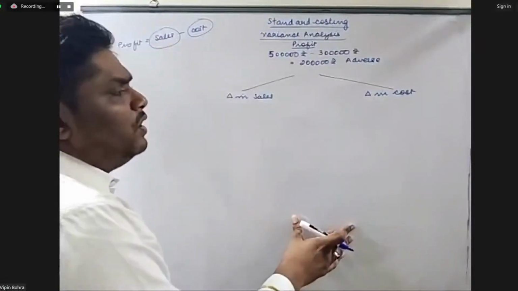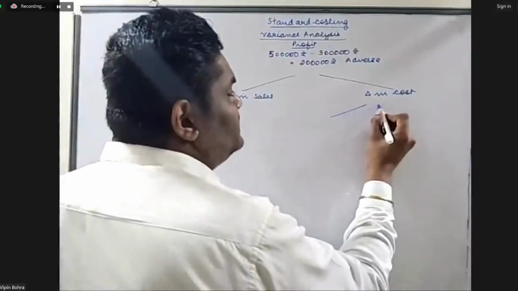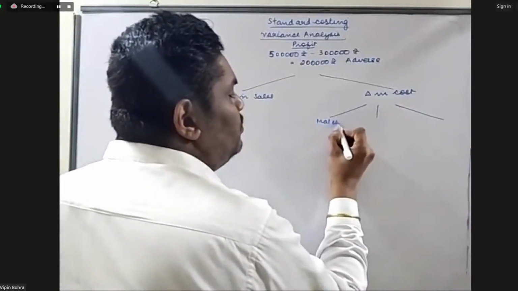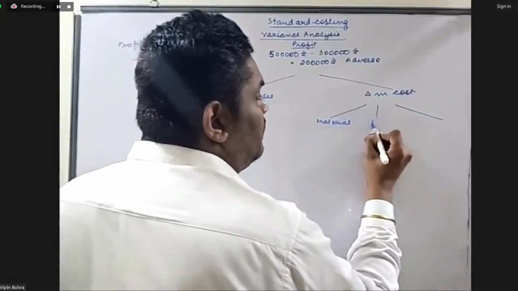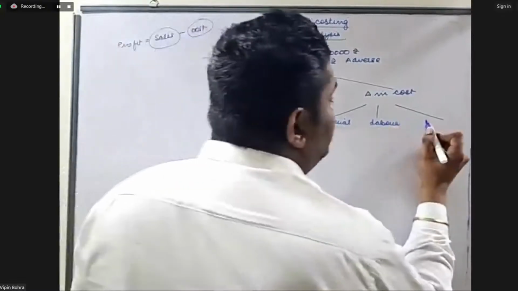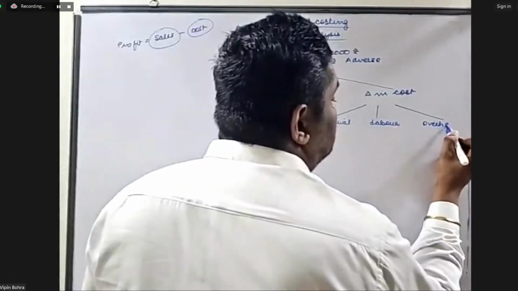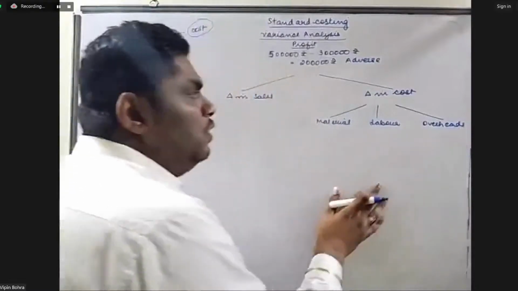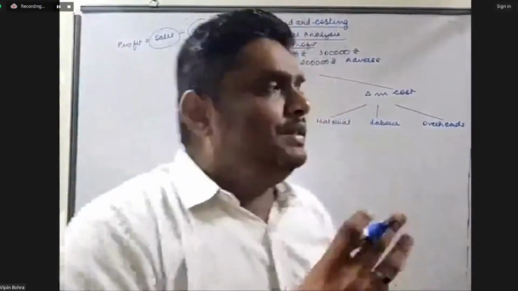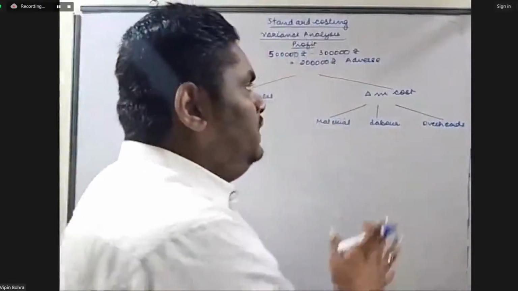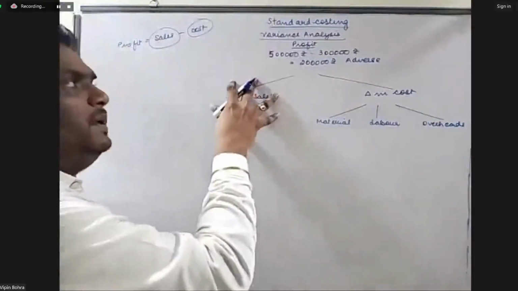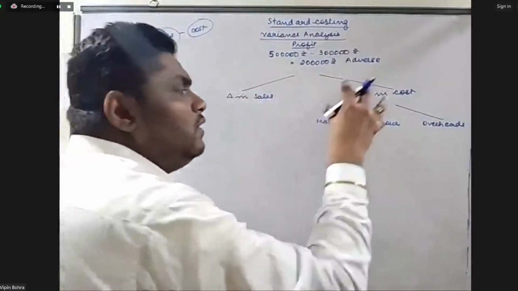When talking about cost, there are three elements of the cost. That is, either it can be due to material, it can be due to labor, or it can be due to overheads. So, in simple terms, either something is going wrong in the sales department or in the cost department.